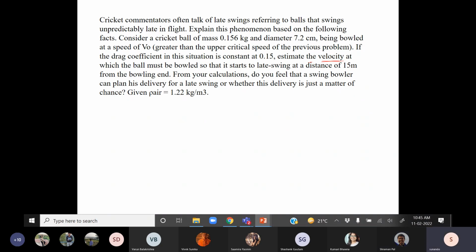Perfect. So I start with some unknown velocity, whatever, 110 or 115 or whatever it is. And then because of drag, the ball will start to slow down in air while it is coming towards the batsman. And when it reaches 15 meters, its velocity must be equal to 105 or whatever velocity that we have calculated from the previous one.